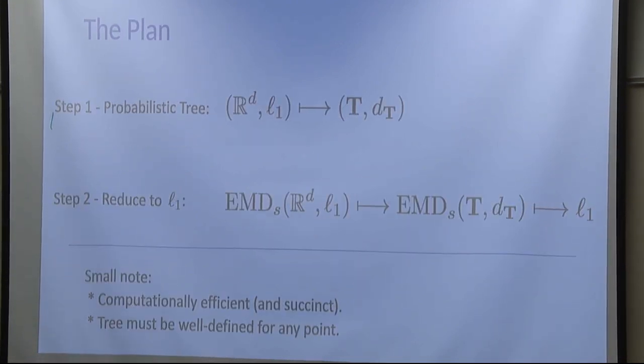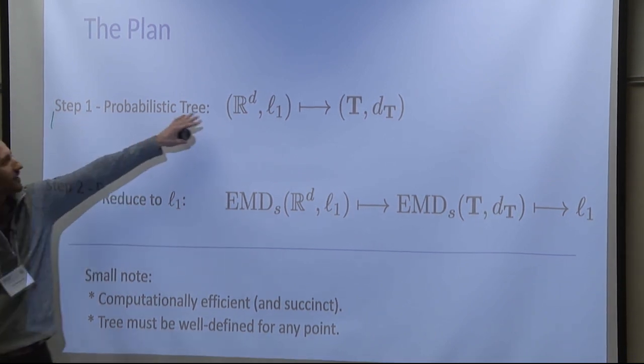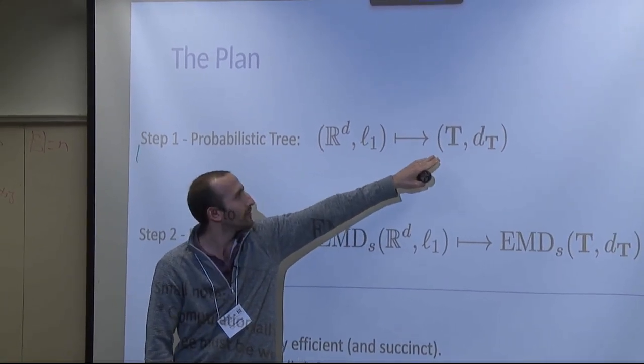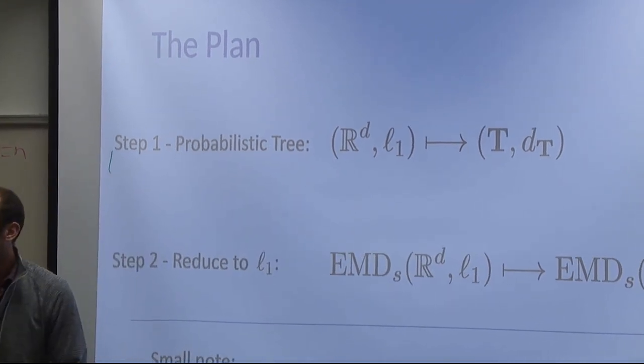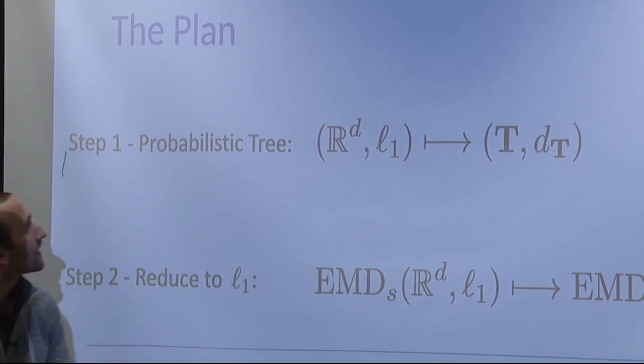Okay, so this gives us a very straightforward plan toward algorithms. This is the plan that all the previous works have taken, and this is the one that we're going to take. Step one, you generate a probabilistic tree, or an embedding of R^d over L1 into a random tree. Here I'm going to write the trees in bold to reflect that these are random variables. So T is a random tree that we sample from, and it measures distances.